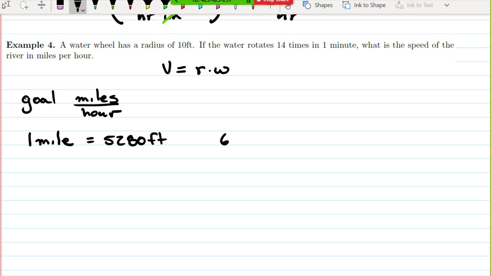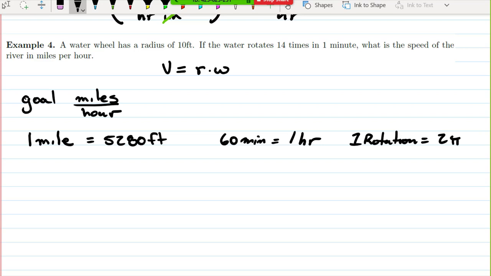This one we should know that there are 60 minutes in 1 hour. And lastly, 1 rotation is going to be the same as 2 pi radians, but since it's in radians, by convention we don't write radians, so 1 rotation is equal to 2 pi.